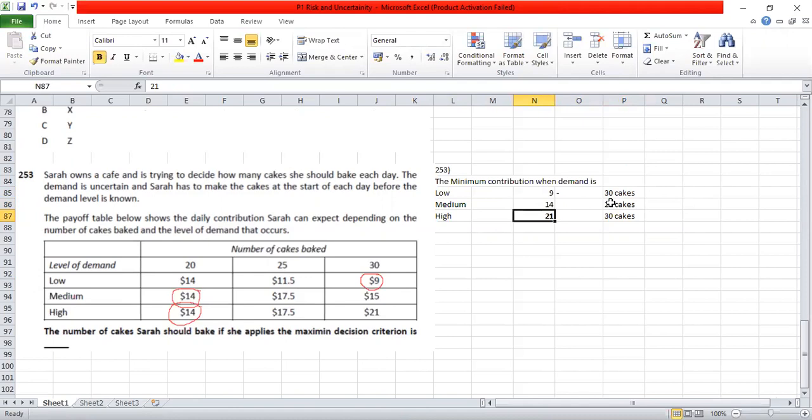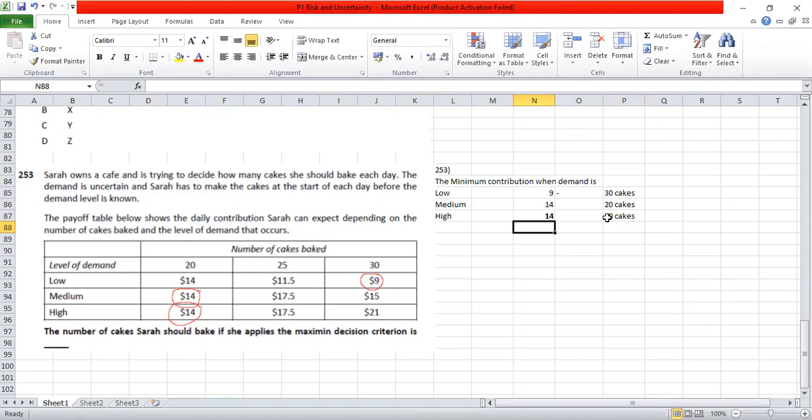Then the next one is also 14. This also happens at 20 cakes. From among the minimums, we have to choose the maximum.